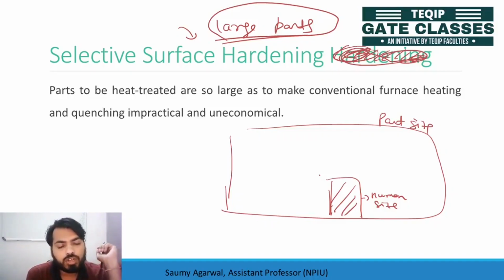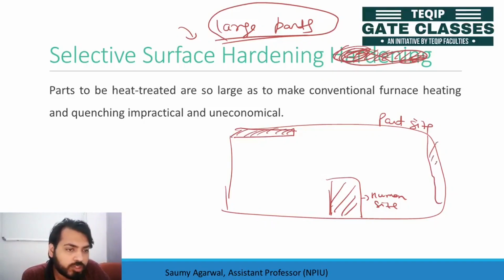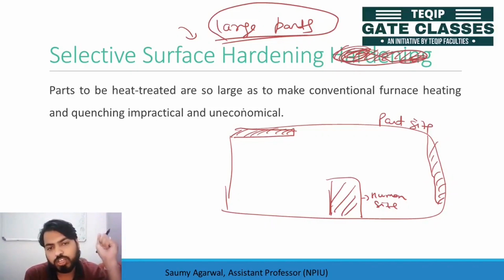So what you will do is quench only this much layer. You may have to quench at this much of a layer, or only this much of a layer. You will not do this surface treatment for the whole part. Since you are quenching only this portion of the part, you require equipment that can do the surface hardening process at the particular site only.